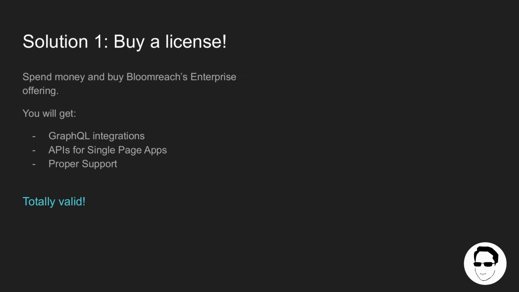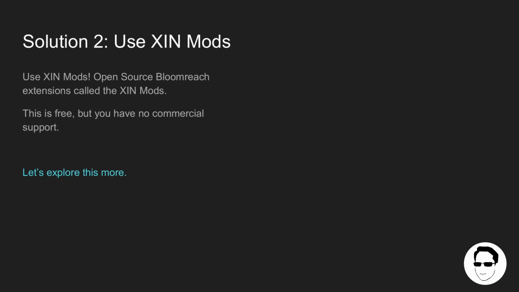So if you have money and if you are an enterprise customer, go ahead, buy a license. You'll be happy. But I am a poor developer, so I wrote a bunch of tools that together I call XIN Mods. These all go along with the open source version of Bloomreach.